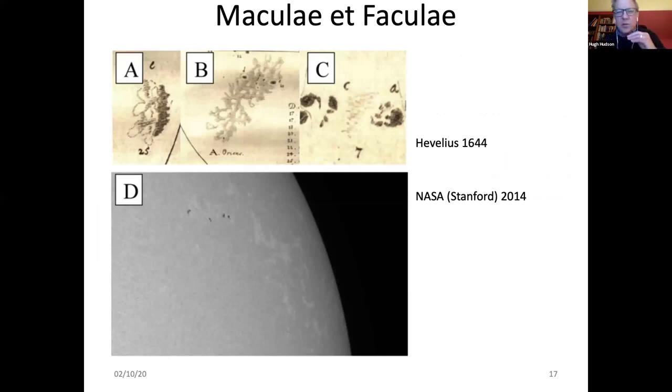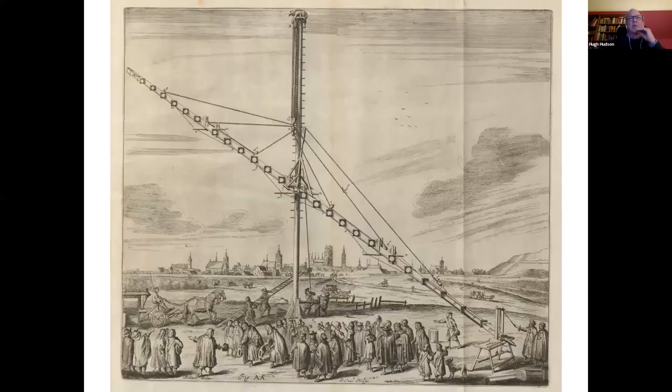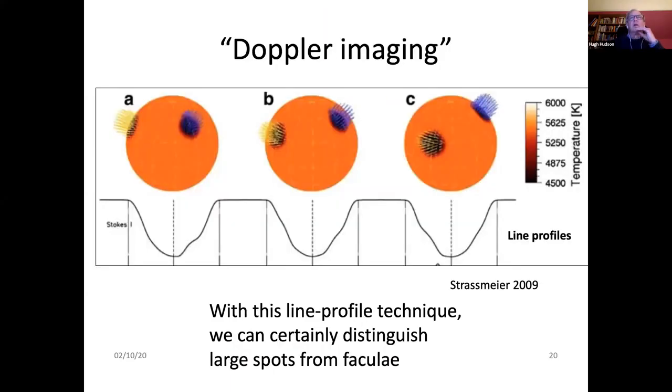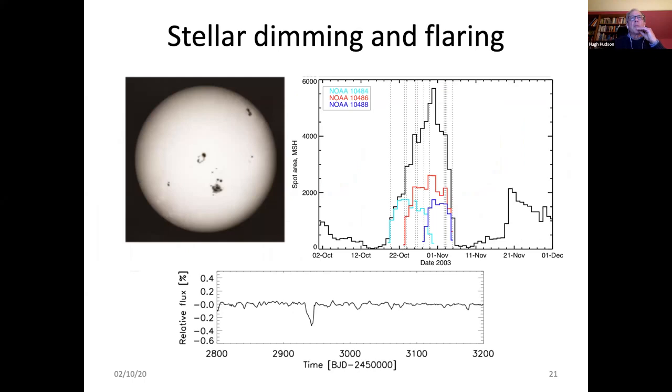Okay, so there's Hevelius, there's Quagga, there's Doppler imaging. So if we look at the sun and ask about how big the spots have to be, these are the spots of the Halloween flares of 2003. I don't know if any of you saw the aurora.